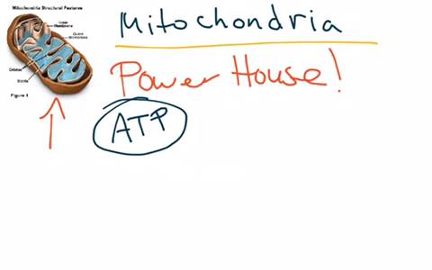If you don't have a lot of mitochondria or any mitochondria, you're not going to get a lot of ATP. Okay? So again, the mitochondria, powerhouse of the cell, makes ATP from glucose.